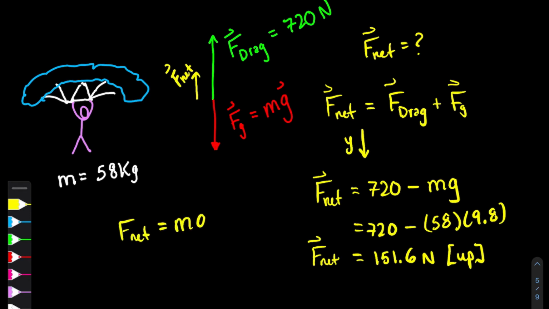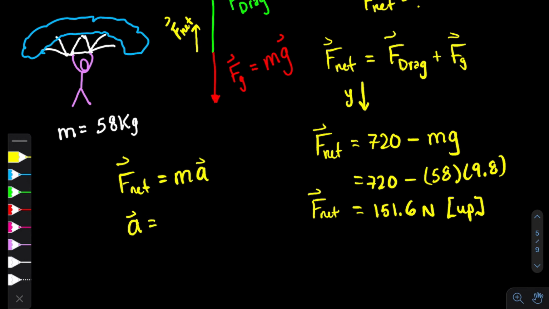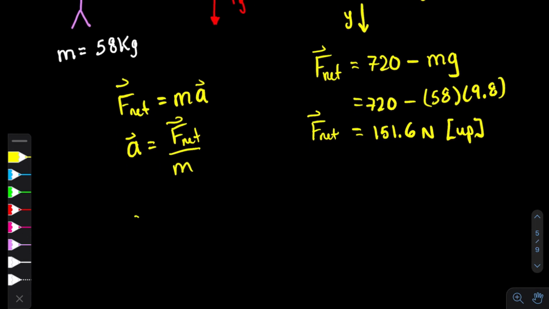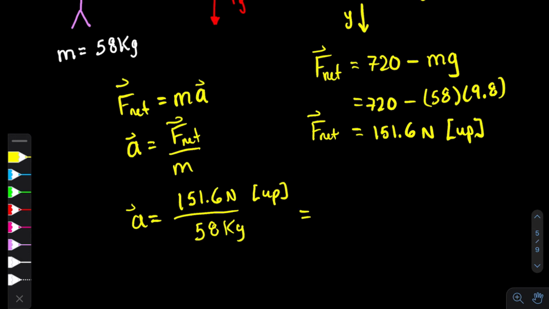We can isolate for the acceleration by dividing both sides by the mass. (151.6 newtons up), and the mass was 58 kilograms. We get approximately 2.6 meters per second squared up as the acceleration. That makes sense.